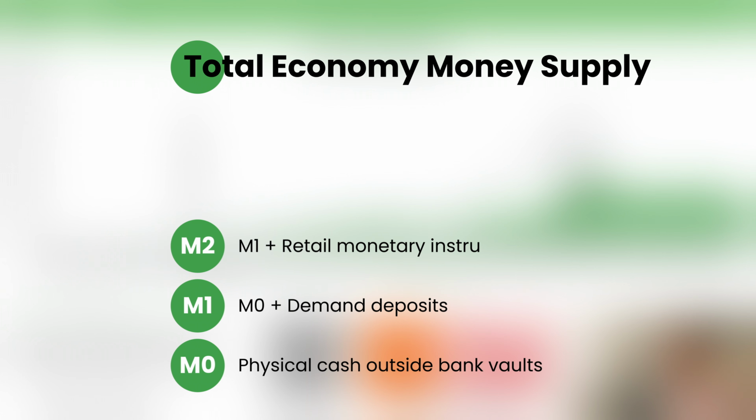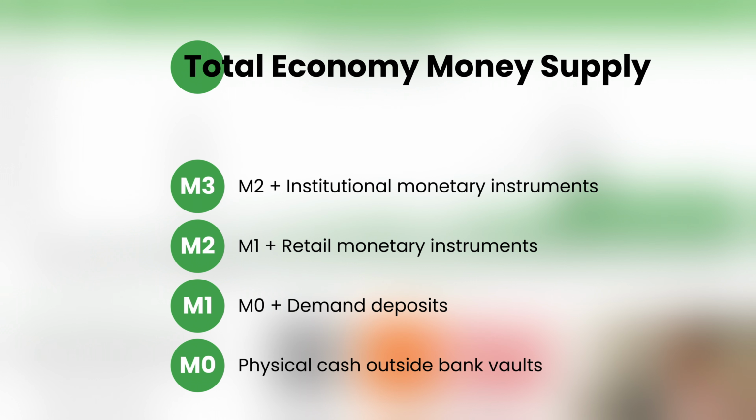And then M2 is where you get into the supposedly less liquid monetary retail instruments. M2 is M1 plus less liquid type retail monetary instruments. And M3 is M2 plus less liquid type institutional monetary instruments.